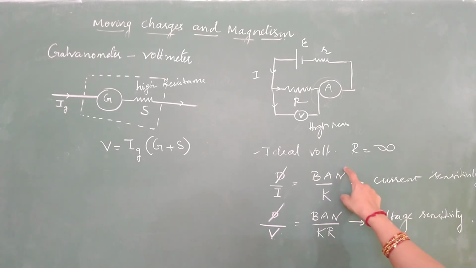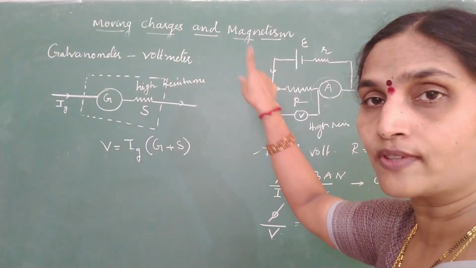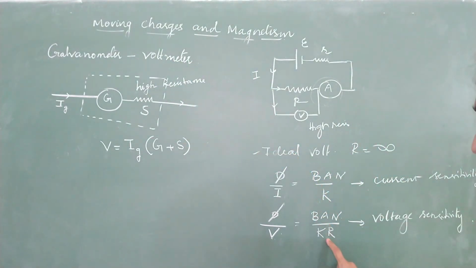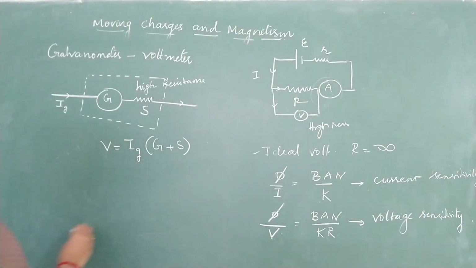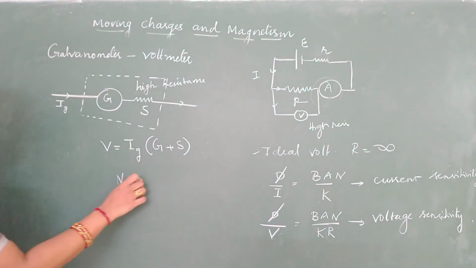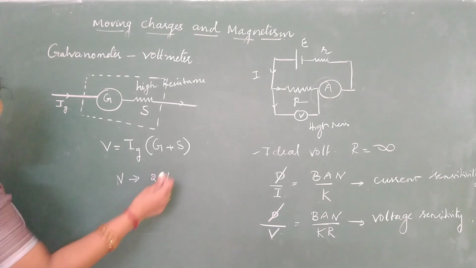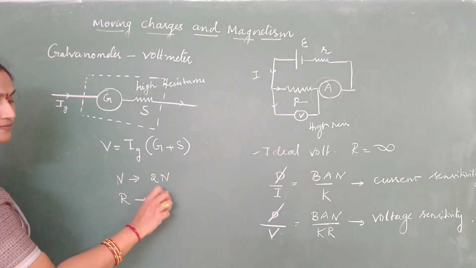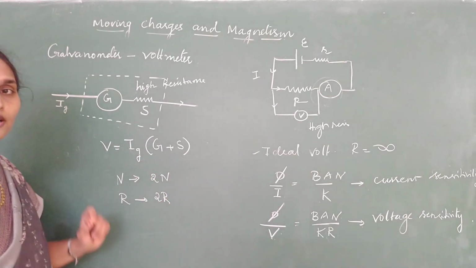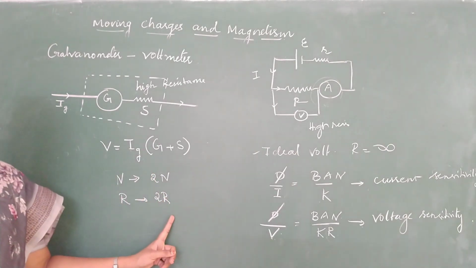But if you increase the number of turns, the moment you have increased the number of turns, resistance also will increase. Say I have doubled the number of turns in a galvanometer. N has become 2N. Then R will increase to 2R, because as the length of the wire increases, resistance also will increase.